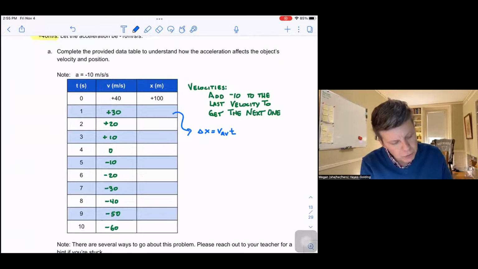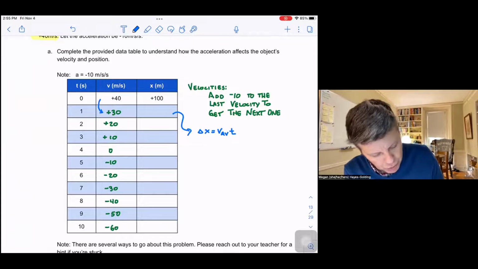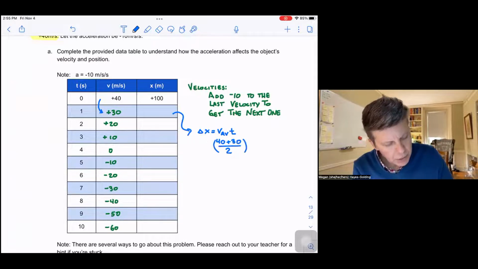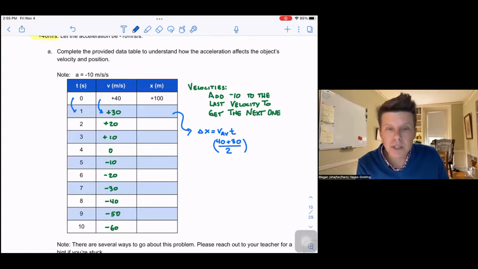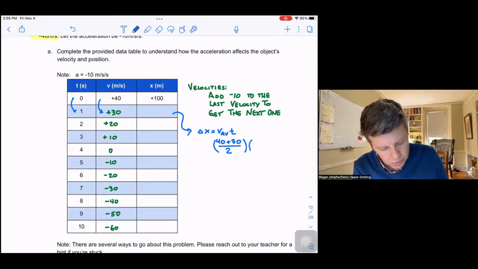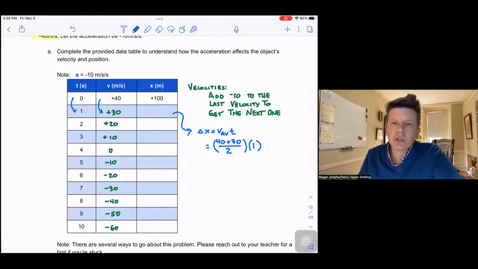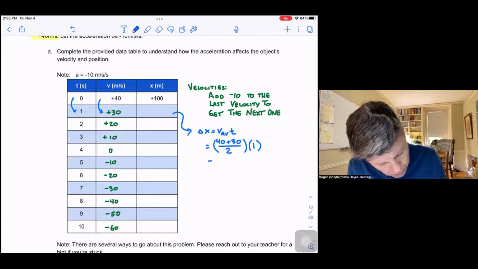Okay, so first of all, from 0 to 1 second, my average velocity is 40 plus 30 divided by 2. That is between 0 and 1 second. That's a 1 second time interval. That'll get me the displacement. Let's see, 40 plus 30 divided by 2. That's 70 divided by 2, 35 meters.